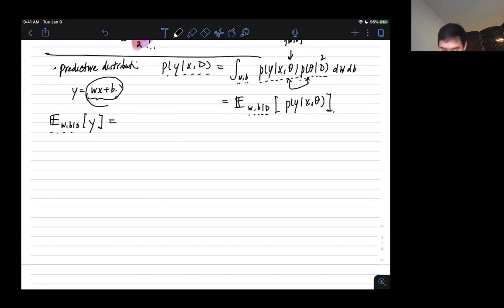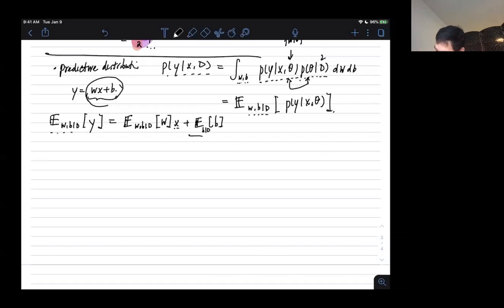So we can write it as the expectation of W times x, because x is independent of W and b, and due to the linearity of the expectation, we can push the x outside, right? Plus the expectation of b under the posterior distribution. Now the posterior distribution over b does not depend on W, so we can just remove W from there as well.